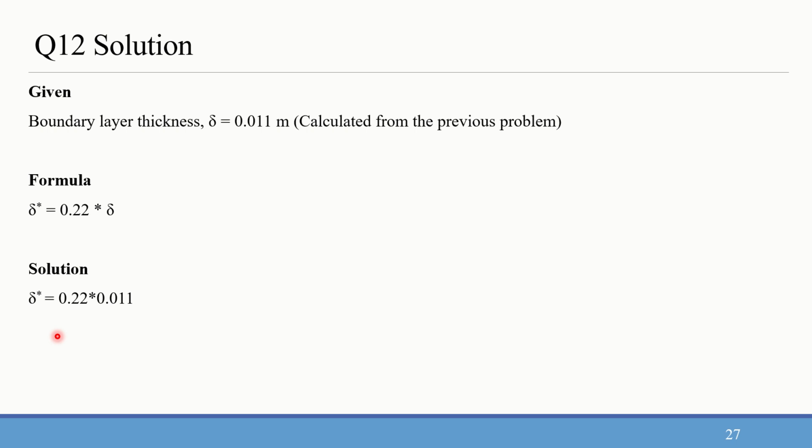One minute, I'll check. Yeah, I'll check and I'll update the correct one in the final PPT. But delta star is equal to 0.22 times delta if we take it, it is 0.22 times of 0.011 and that becomes 2.42 into 10 power minus 3.